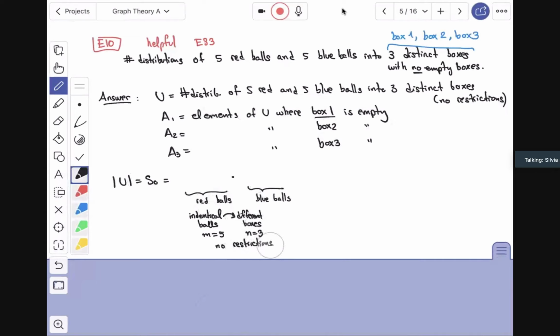Just do it for the red ones and then the same idea for the blue ones, so we're just going to square that.